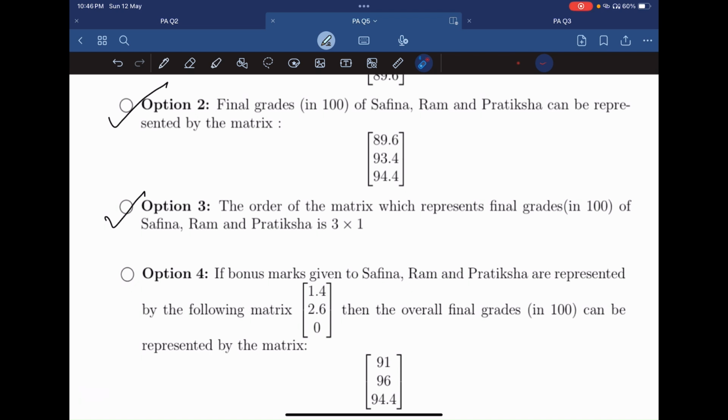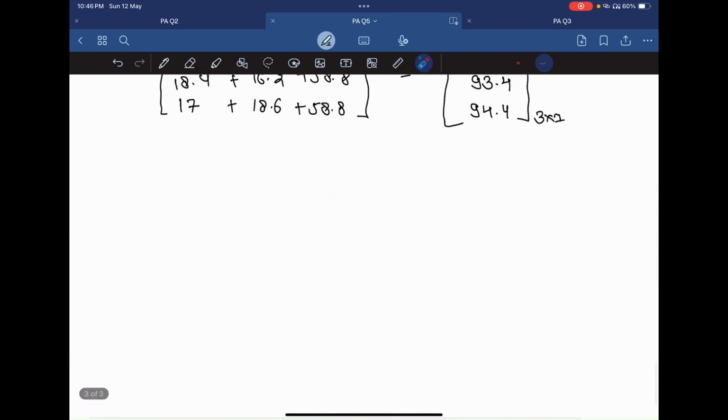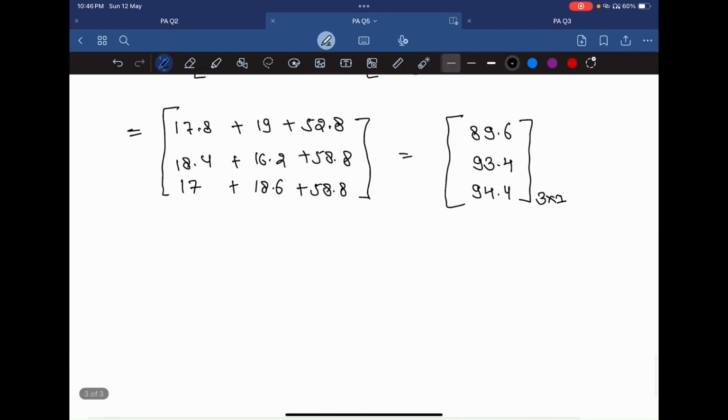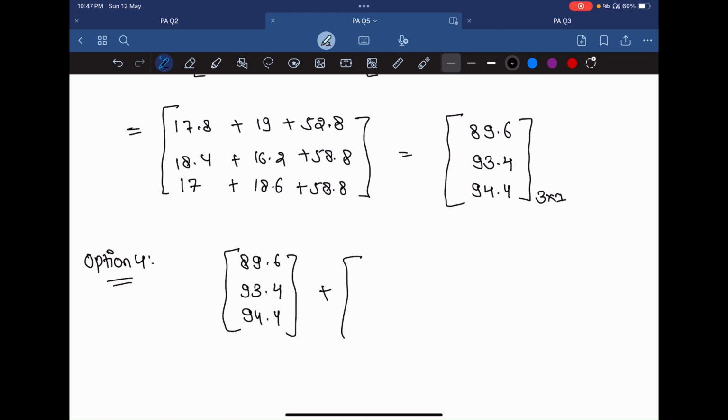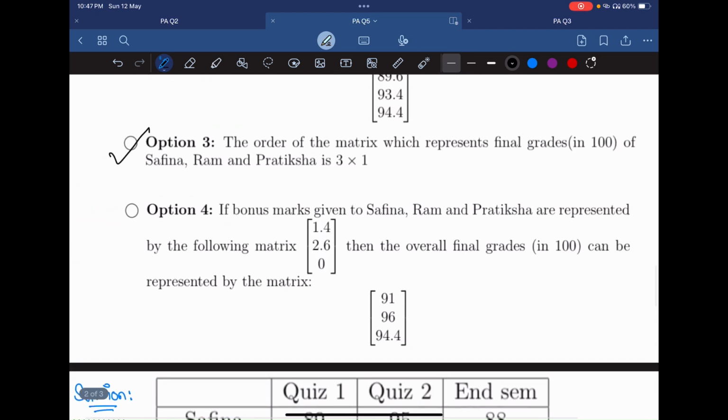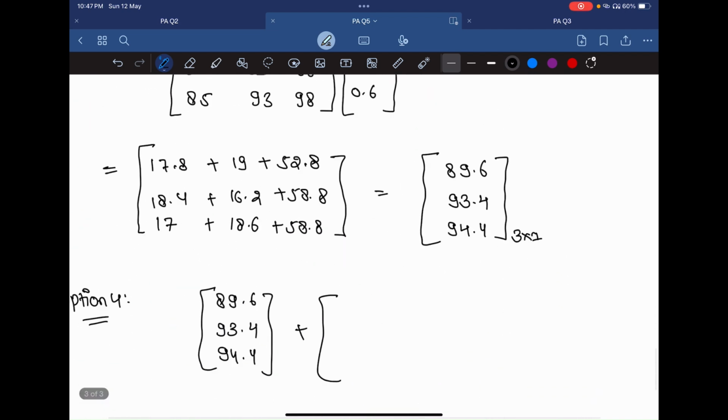So now the overall final grade would be represented by the summation of these two matrices. So for option 4, our final grade matrix was this. And we are adding these bonus marks, that is 1.4, 2.6 and 0.